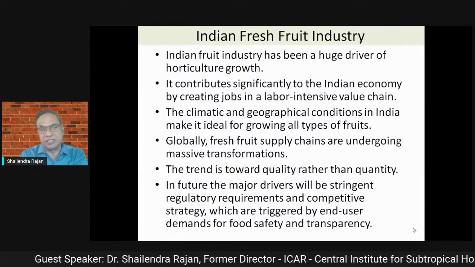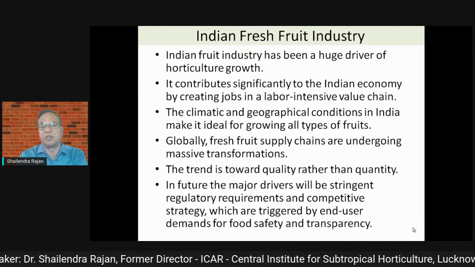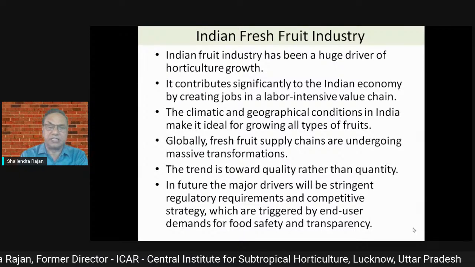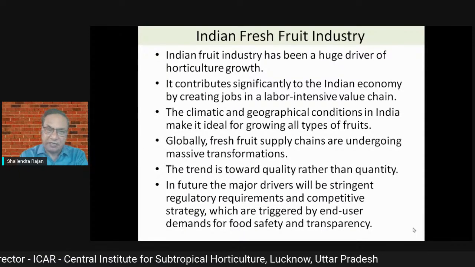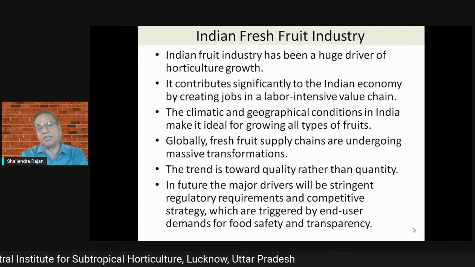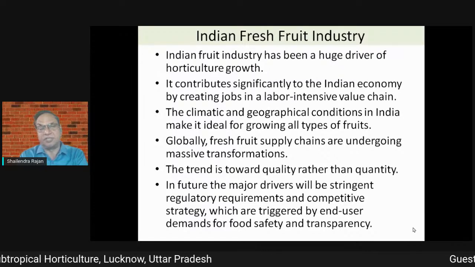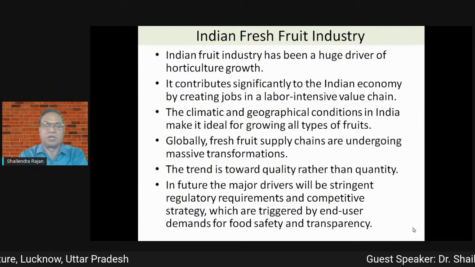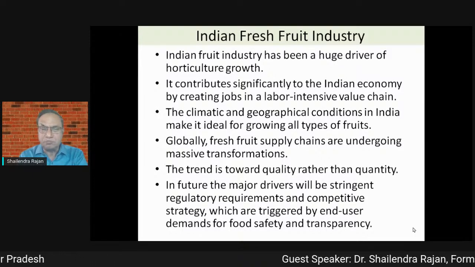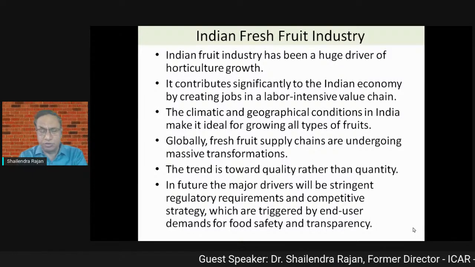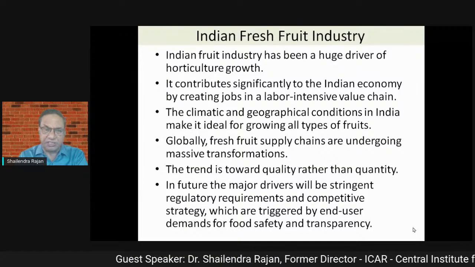It creates jobs because it has a labor-intensive value chain, and the climatic and geographical conditions of India make it more profitable because we are growing different types of fruits very well commercially.